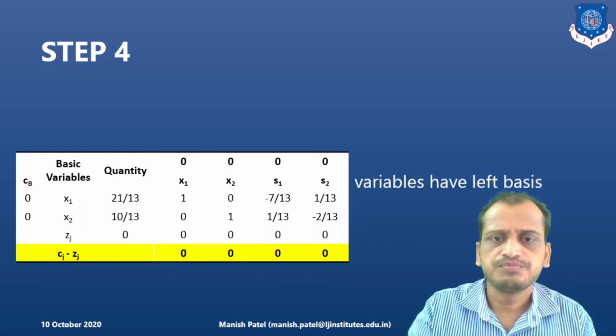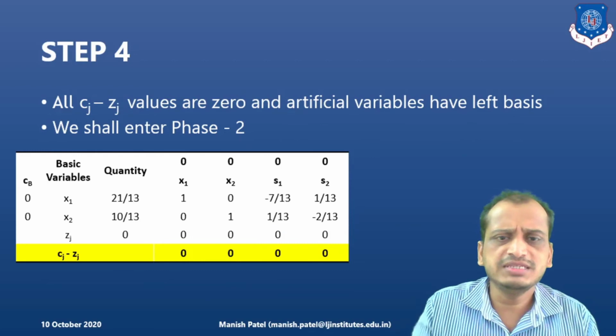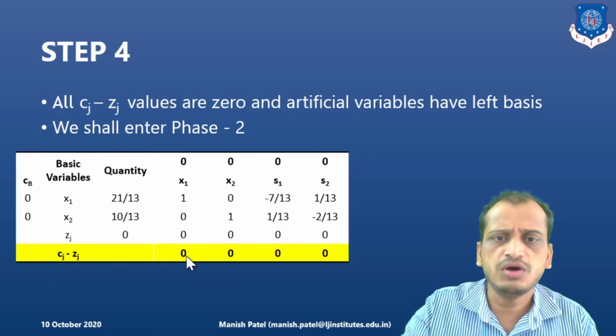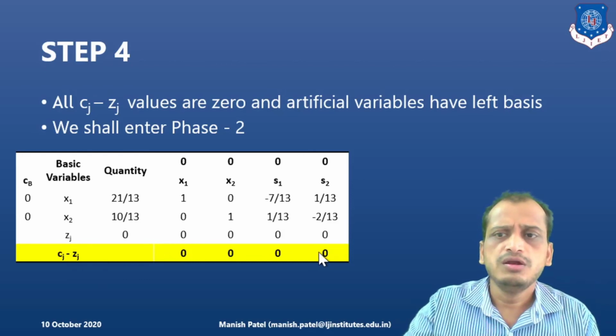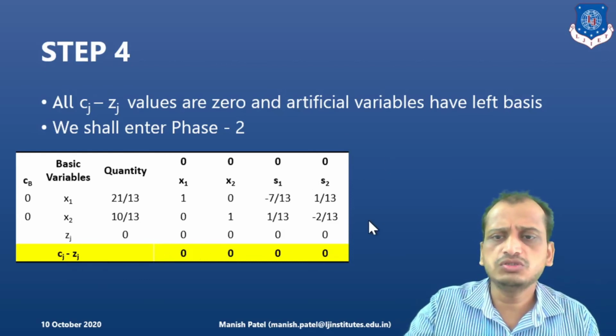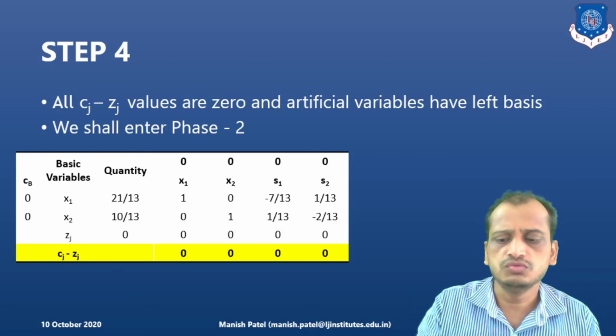And finally, all the Cj minus Zj values, if you see here, are 0. How do we come to that? Know that 1 into 0 plus 0 into 0 is 0. In the same way, 0 into 0 plus 0 into 1 is 0. And accordingly, Cj minus Zj is also 0. Now, artificial variables have also left and Cj minus Zj is 0. So we can proceed to phase 2.